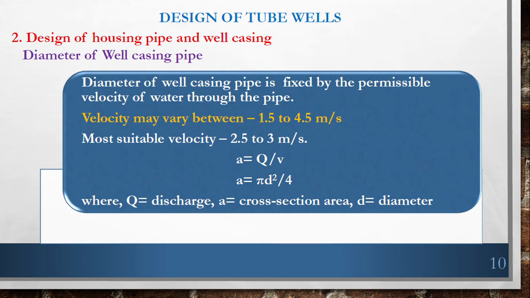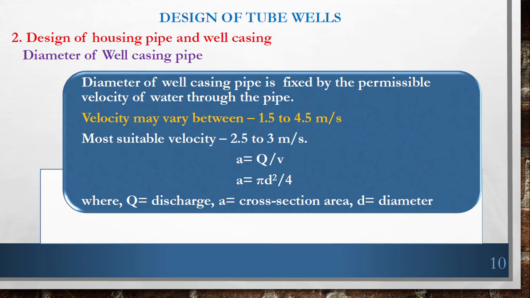The most suitable velocity of water through that pipe is 2.5 to 3 meter per second. This is known as the critical velocity. When the velocity of water through the pipe is much higher, it has a tendency to take soil particles from the formation material along with it. That will affect the working of the pump as well as the capacity of the well.